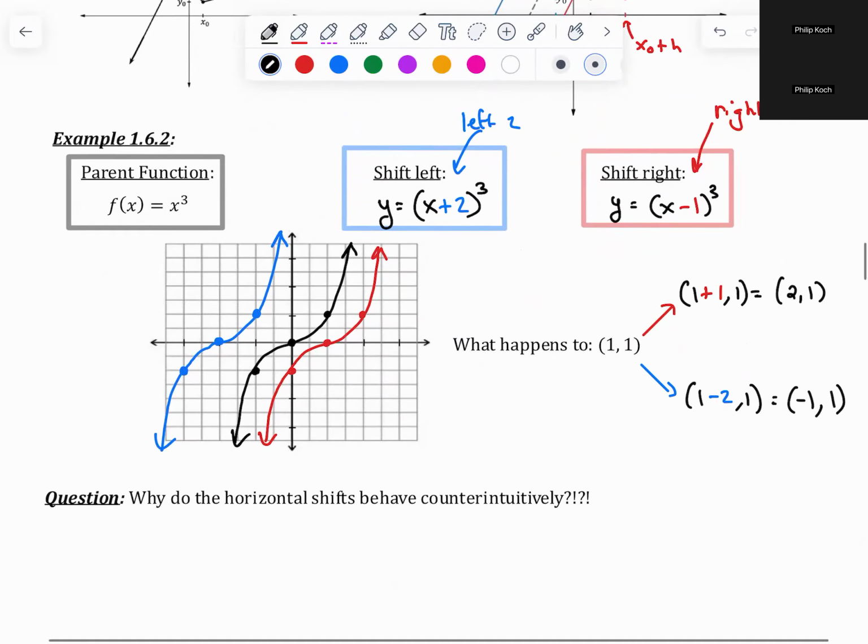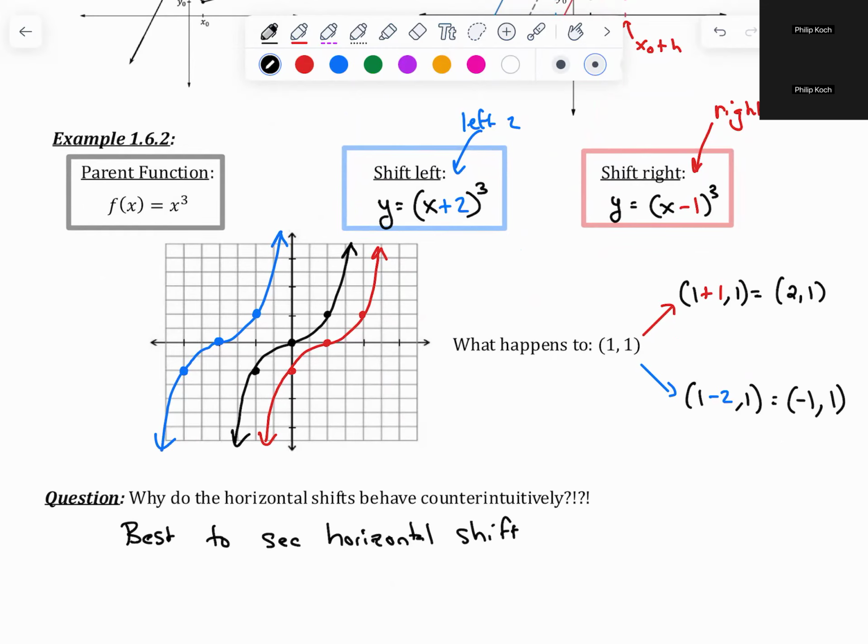It's best to see horizontal shifts as what they do to the origin, where our y value is 0.